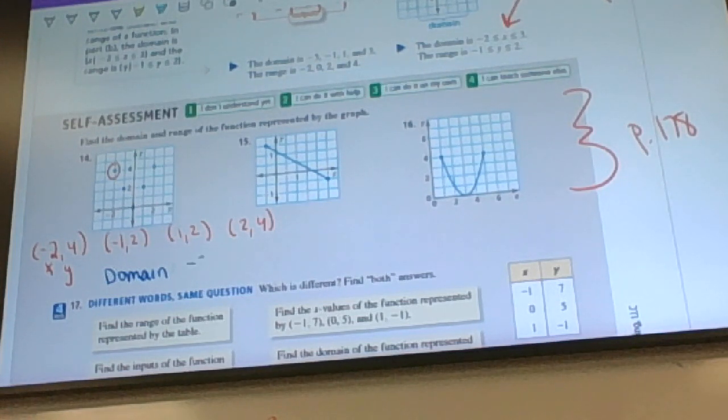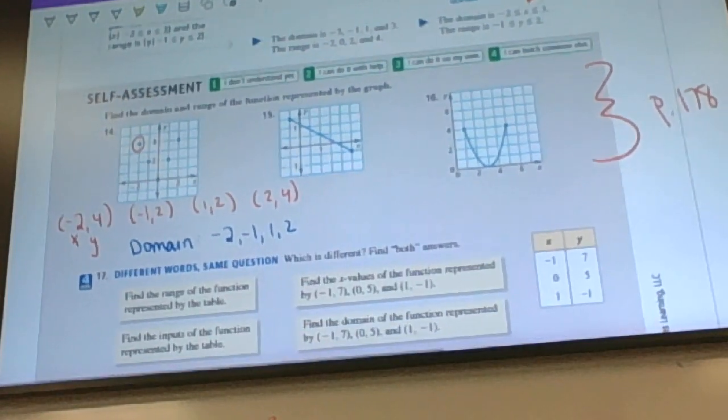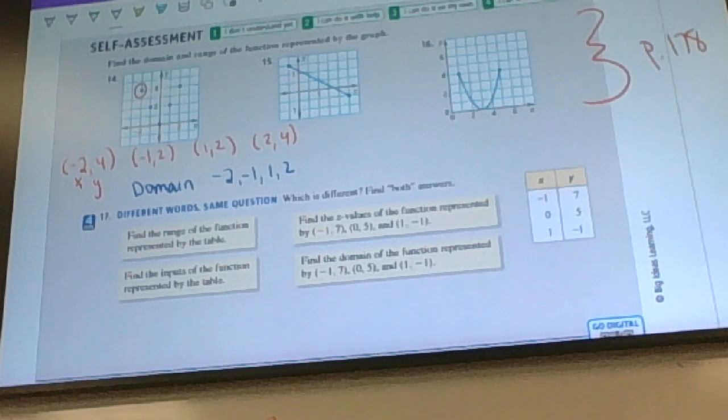Miss, what if I did a T-chart? That's great. Fine. So the domain for number 14: -2, -1, 1 and 2. I ran out of room. The range would be 4, 2, 4.